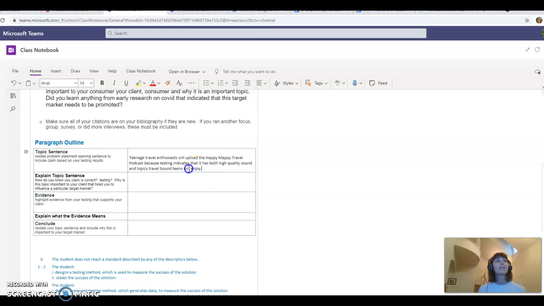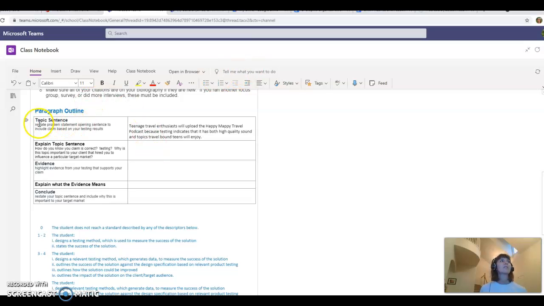I have a little sentence here. It's not great. You know, sometimes my exemplars aren't great, and I ask students to help me. So hopefully somebody will help me refine this, maybe you. But I created a topic sentence here. I've got little reminders underneath in this graphic organizer, and it says restate the problem statement opening sentence to include a claim based on your testing results.